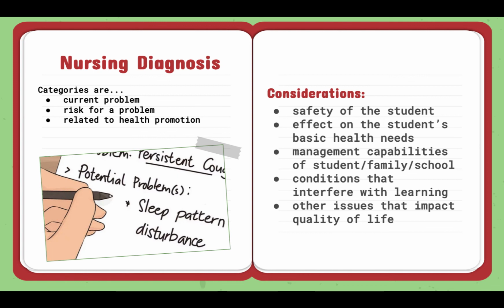The development of the diagnosis is based on the student's current health condition and their immediate needs. So the priority is always their current problem. Again, a nursing diagnosis is not a medical diagnosis, but it is a student response to the medical diagnosis. Things that require attention for interventions at school.